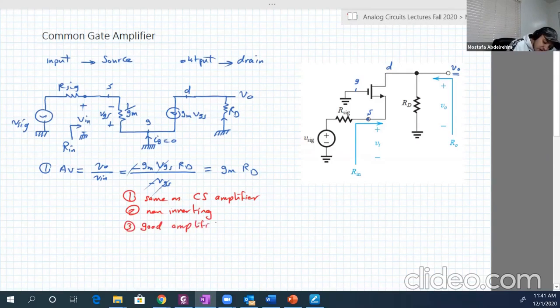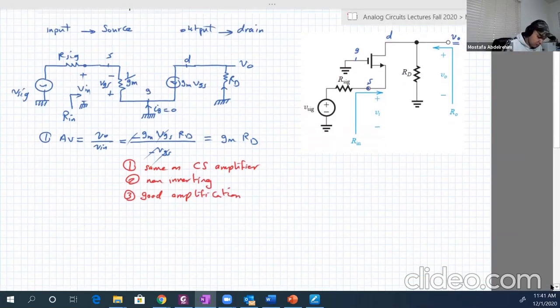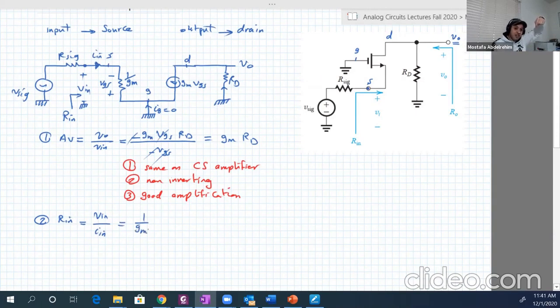Just like common source. So let's determine our input resistance now. Number 2, our input resistance is just V input over I input. And I just assume this is I input here. So it's basically 1 over gm. So the resistance between the source and the ground is just 1 over gm.